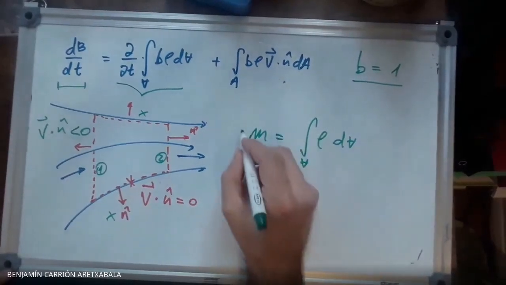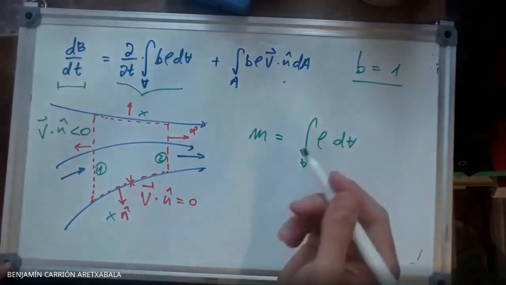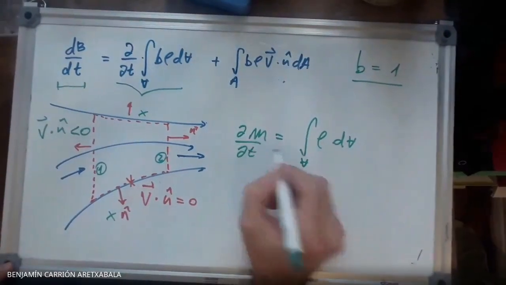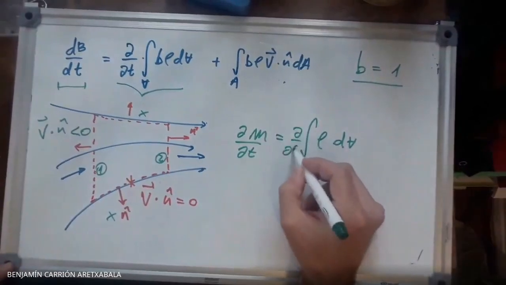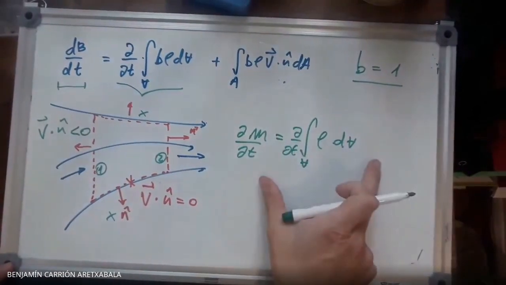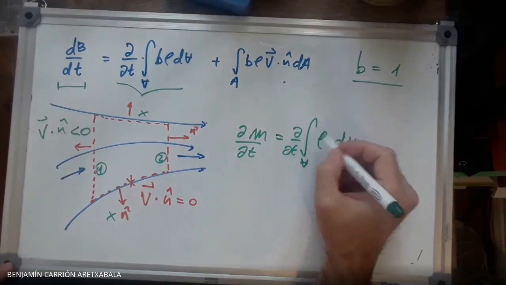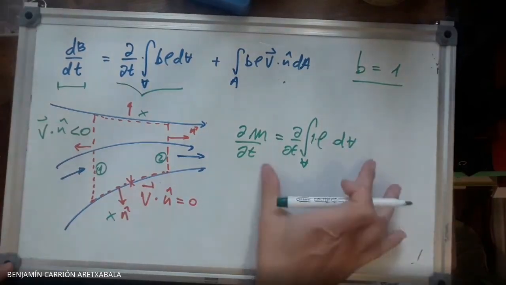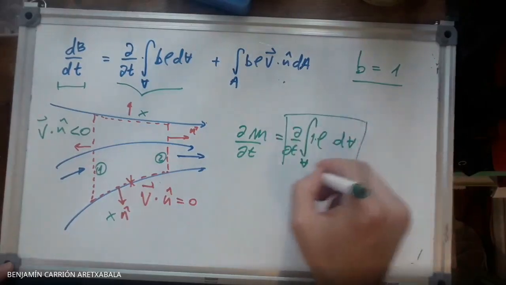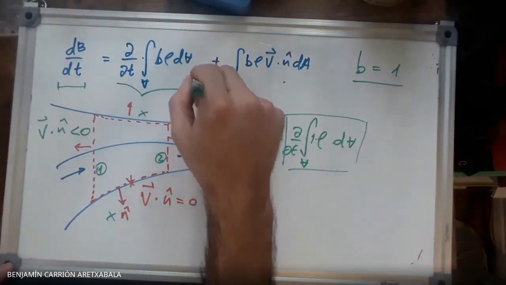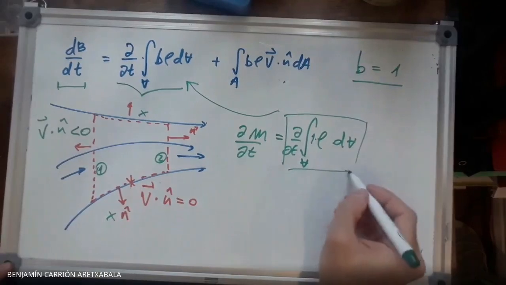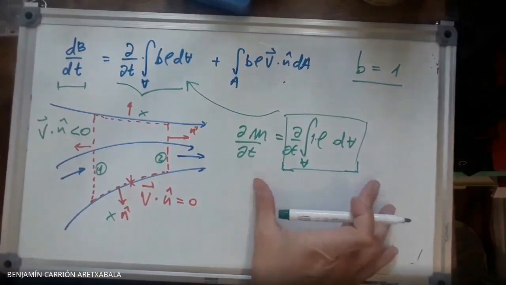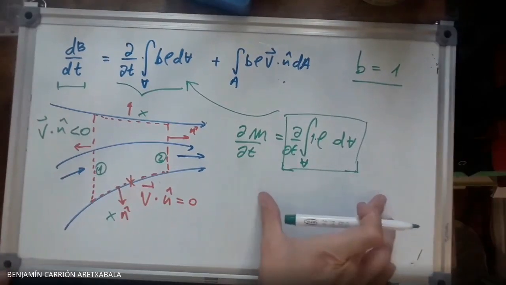Therefore, the rate of change inside the control volume is just dm/dt, so d/dt of this expression. In this case, mass is the same as saying just B equals 1, right? So this term is this term, and it represents the change of the property inside the control volume.